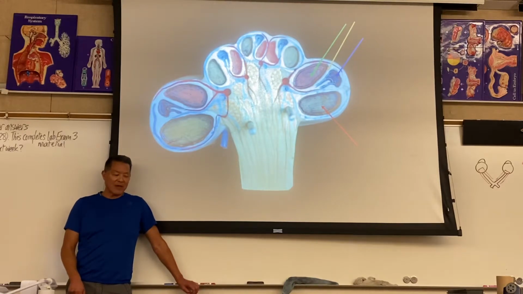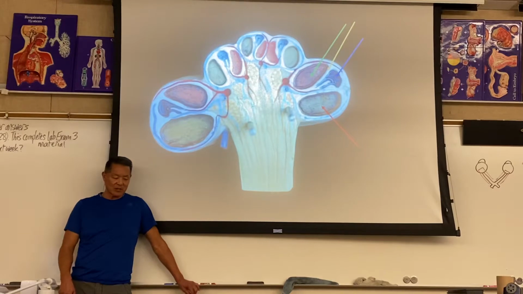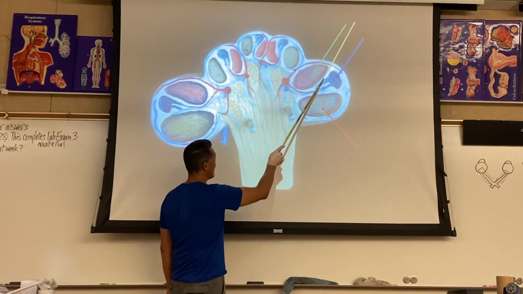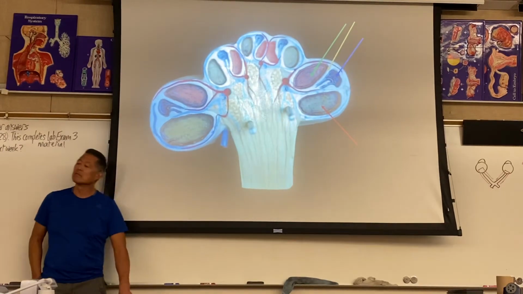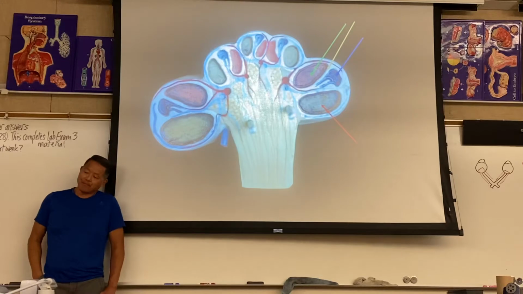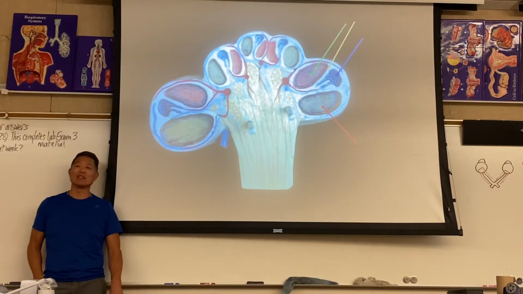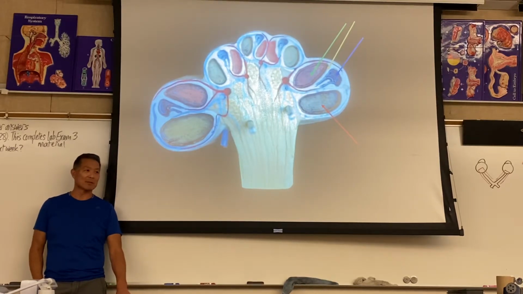Now there is a very thin, simple squamous membrane separating the scala vestibuli from the scala media, and that's the vestibular membrane. That's the yellow arrow. By the way, the cochlear duct, scala media, is the membranous labyrinth.